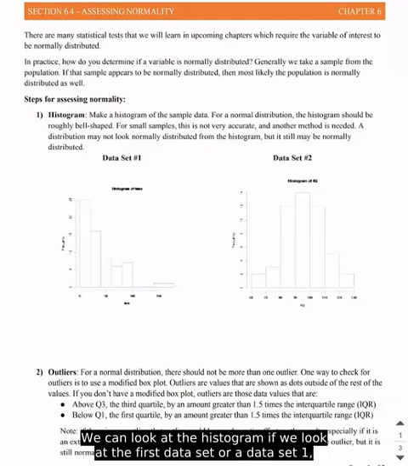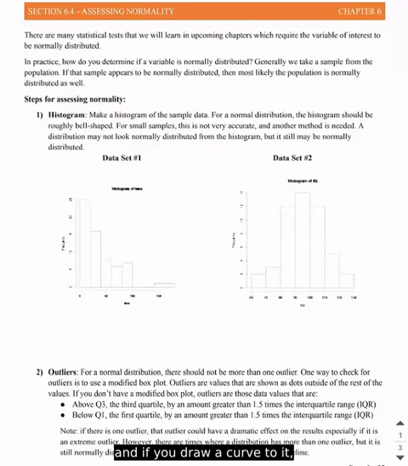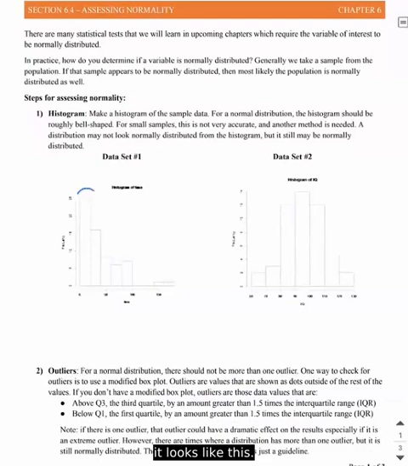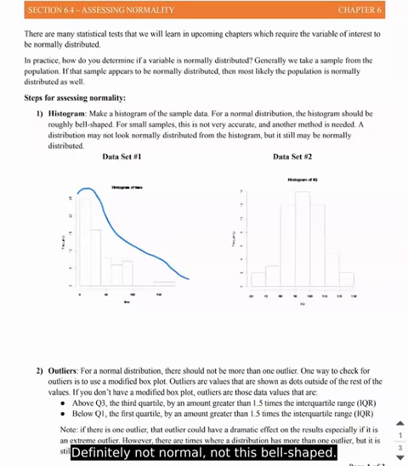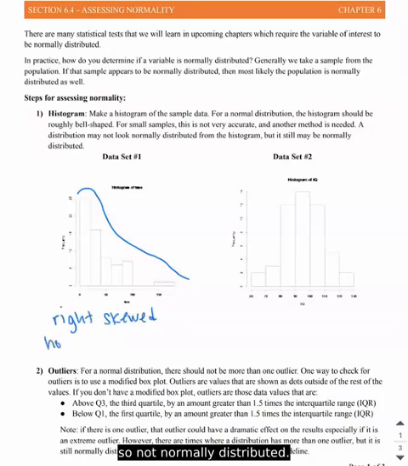So we can look at the histogram. If we look at data set 1 and draw a curve to it, it definitely is not bell-shaped. We would say it looks more right-skewed, so it is not normally distributed, at least by the histogram.